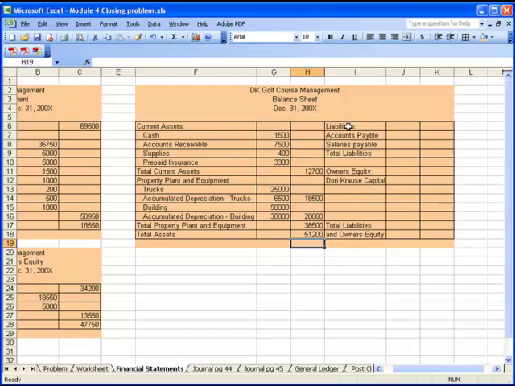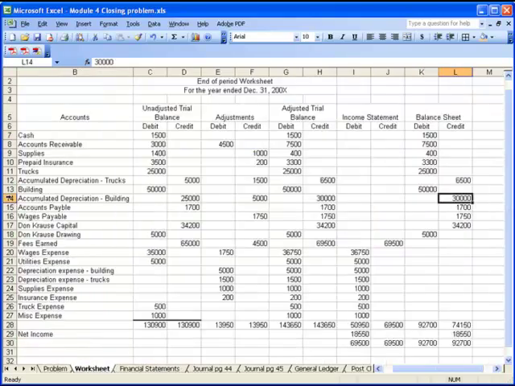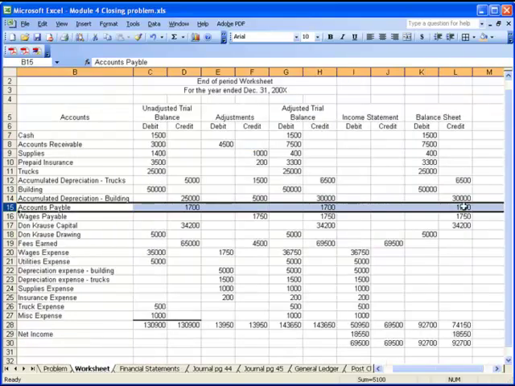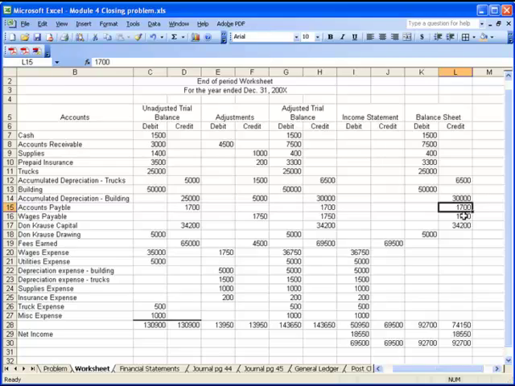When we move over to the liability side, again, it's a classified balance sheet. We only have current liabilities. If we had long-term liabilities, we would have a classification for current liabilities and list all of them. Then we would have long-term liabilities, list all of them, and then we would have total liabilities out here. So let's go find our accounts payable balance on our worksheet. It's right here, accounts payable, $1,700, and while we're here, our wages payable is $1,750.